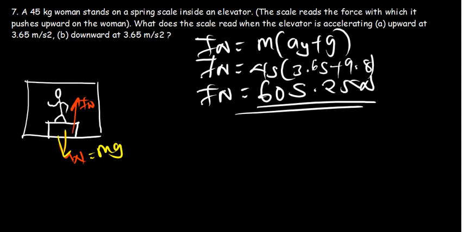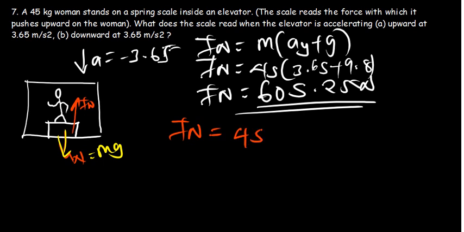What if it's going down? When it's going down, the acceleration is going to be negative 3.65. But the question will not tell you that it's negative, because you know to say acceleration is a vector. So the same formula, let's see what's going to happen. If it's going down, it's going to read different things. So we are going to have 45. Now where there is acceleration, we are going to put minus 3.65 plus 9.8.